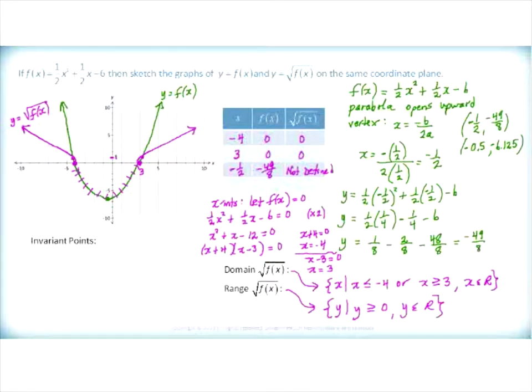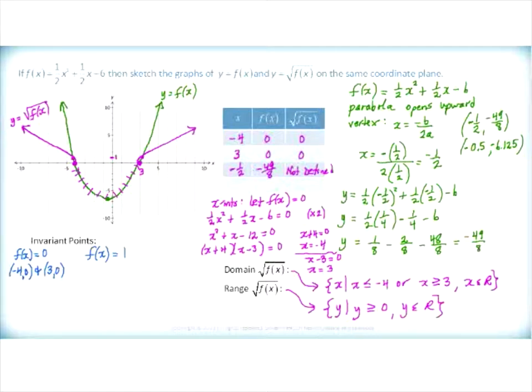In order to determine the coordinates of the invariant points, again they will occur when f of x is equal to 0. That would be at our x-intercepts. So one set of invariant points occurs at negative 4 and 0, and the other set is at 3 and 0. Another set of invariant points occurs when f of x is equal to 1.